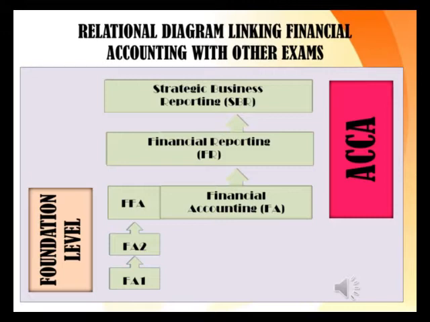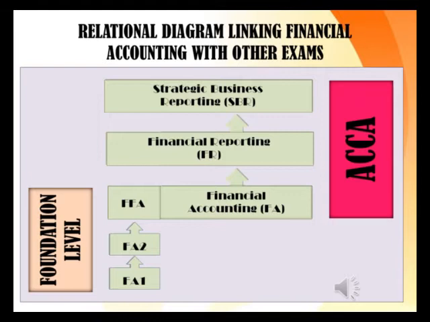You need not do the CAT, meaning that you have minimized your cost for CAT. For the financial accounting that you're going to do, we cover the topics taught in FA1 and FA2, so you need not worry about the knowledge because we cover it in this subject.